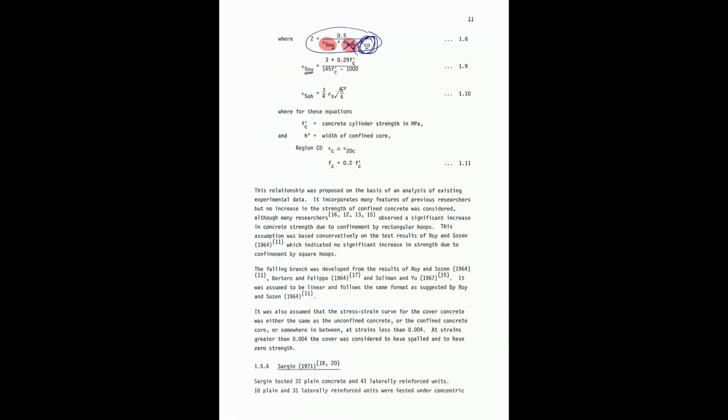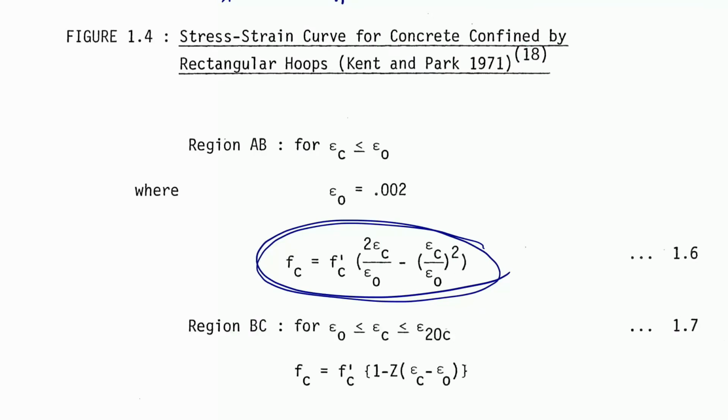But the model we see over here does not incorporate the benefit in strength. The confined core just produces ductility going from unconfined to confined. You get the extra ductility, but you don't get extra strength from this model.